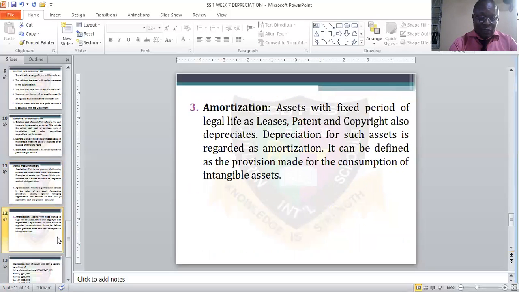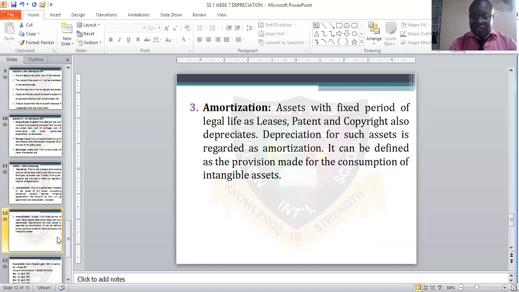Let us look at the other one, amortization. Assets with a fixed period of legal life, such as patent rights, copyright, patents, and leases of property, also depreciate. All these also depreciate as part of the assets.